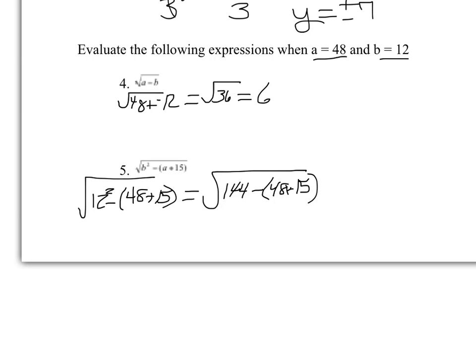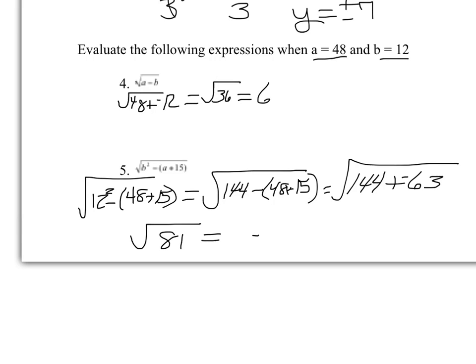Now we can do parentheses, so it's going to give us the square root of 144 plus negative 63. I did change my subtraction that time to plus the opposite. That's going to give me the square root of 81 when I do the subtraction, and the square root of 81 is 9 for the answer to number 5.